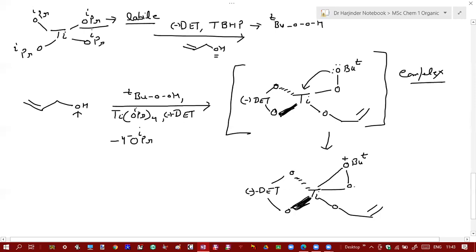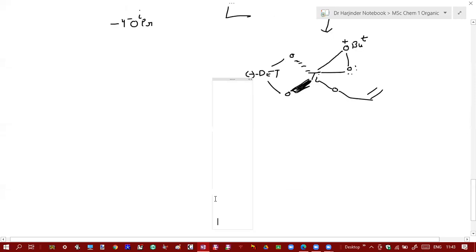Now since it has a positive charge, this oxygen bond, is it stable or unstable? Unstable. This bond will become labile. So here this bond wants to break, and the pair of electrons should go to this oxygen.